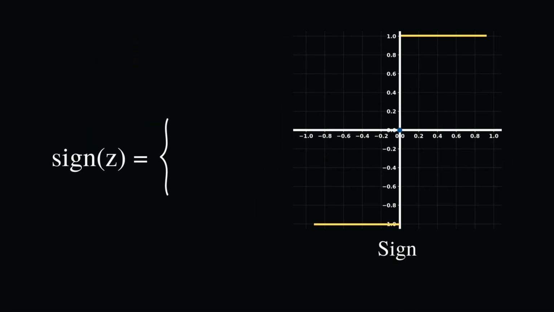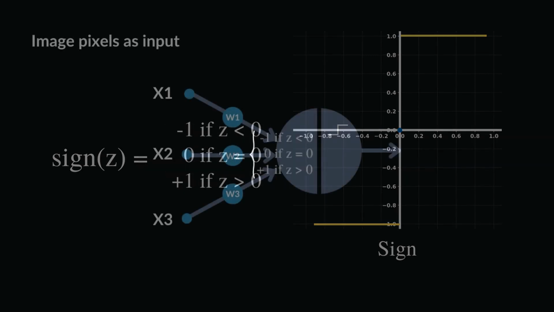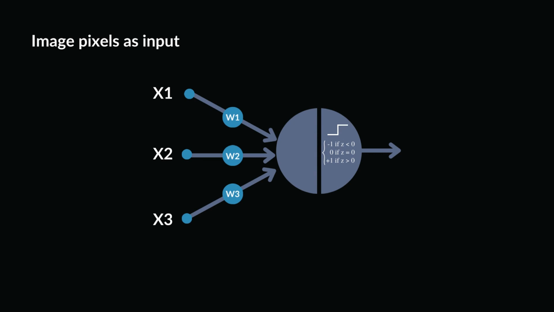Meanwhile, a sine function will return 0 if the weighted sum result is 0, and return positive 1 and negative 1 when the weighted sum of inputs is greater or lesser than 0 respectively. Coming back to the example Frank used, an activation function will take the dot product of inputs and weights, and if the result is a bigger value, it is classified as male, and if it is smaller, then it is classified as female.